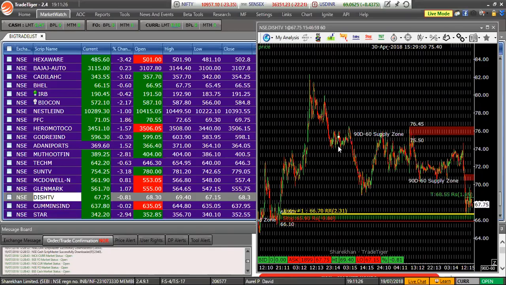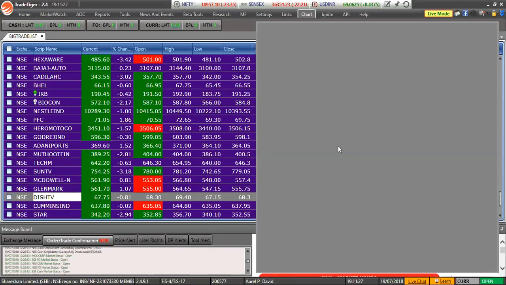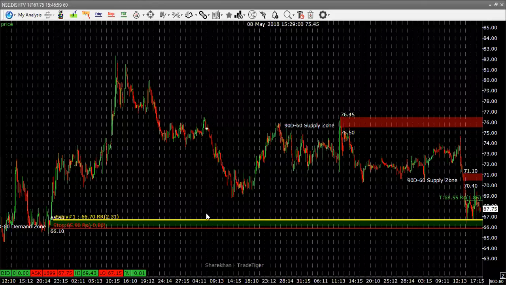Let me now show you a swing trade which I had planned quite some time back. Okay, this is on Dish TV. Now, if you can look at this demand zone, as you can see, this demand zone was planned over here quite some time back.